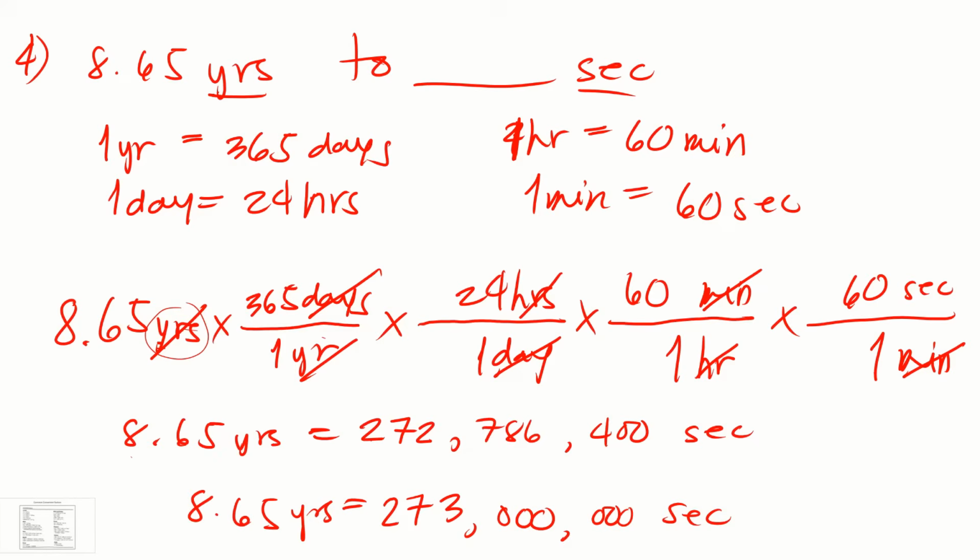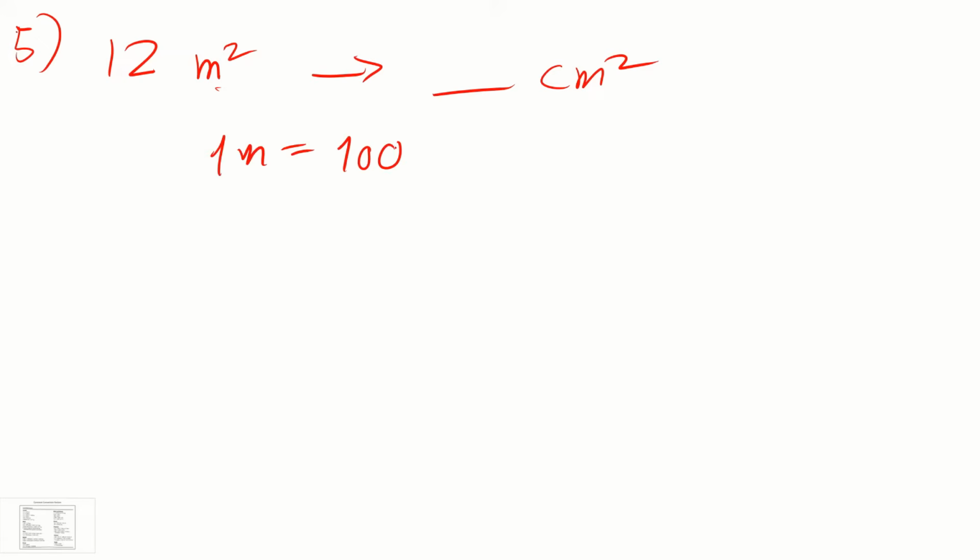So let's have another example. What about if we want to convert 12 square meter to its equivalent value in square centimeter? Wala din tayo nitong given value doon sa conversion factor, but we know that 1 meter is equal to 100 centimeter.